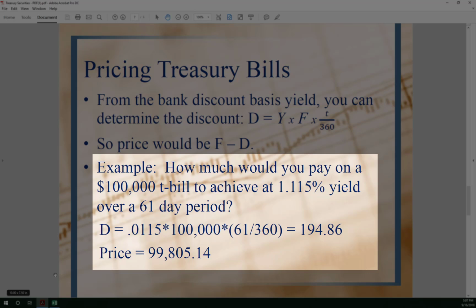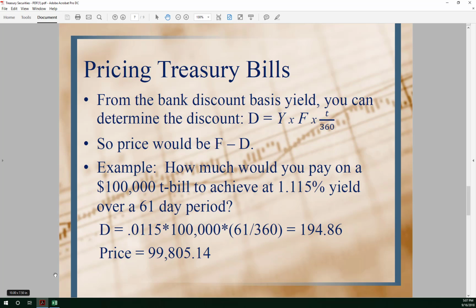Our result is 194.86. That's the amount of the discount. So I would need to subtract that from the $100,000 face value, and the price for this particular bond would be $99,805.14. So if you paid that amount, then you're going to be getting the 1.115% yield over the 61 days.